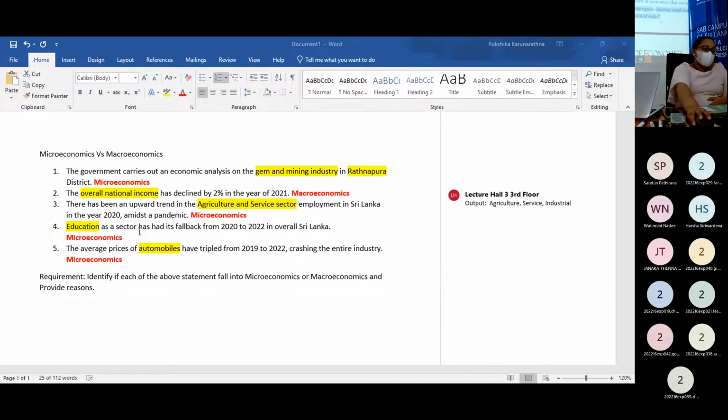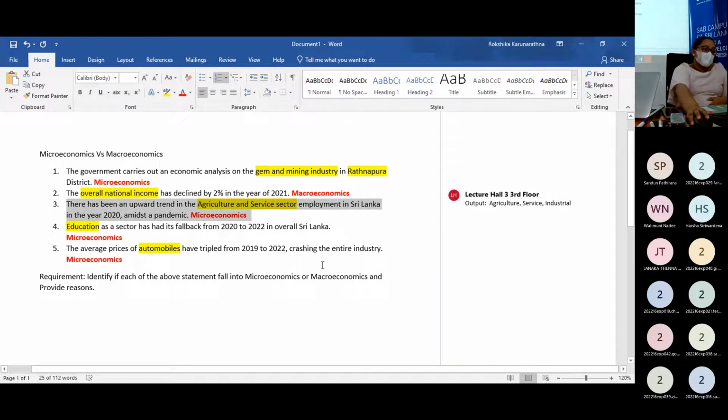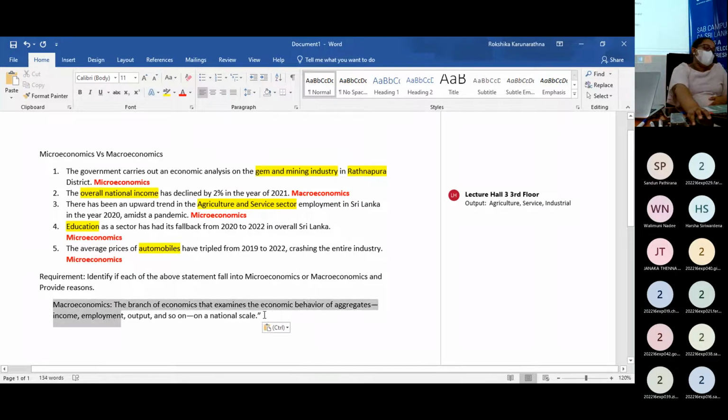I'll bring what is in the slide down to this. In the slide, macroeconomics means the branch of economics that examines the economic behavior of aggregates in income, employment, output. Okay. It could be in terms of income, employment, output.